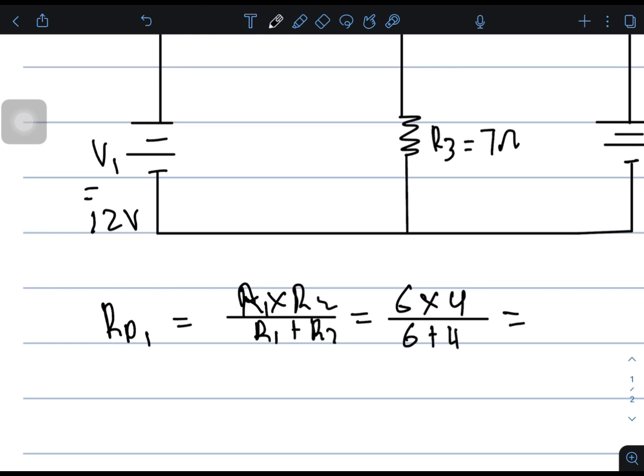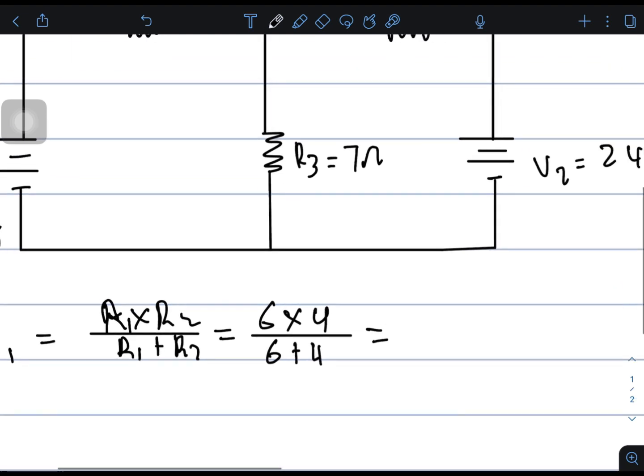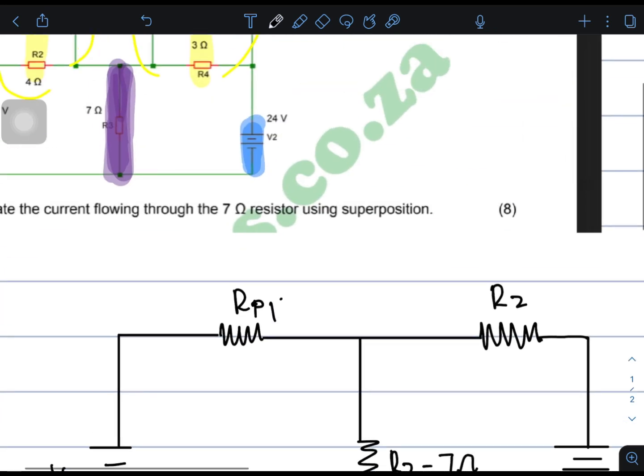Let us punch that on our calculator. 6 times 4 over 6 plus 4 will give us 2,4 ohms. Let's say that is 2,4 ohms.